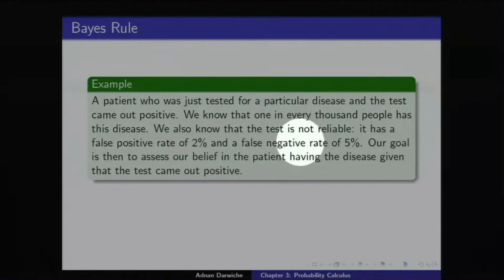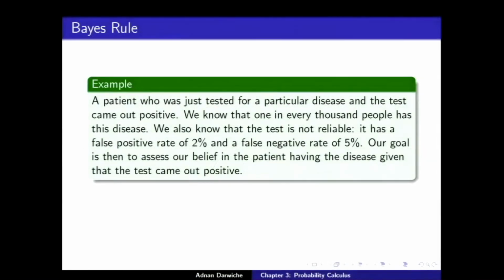It has a false negative rate of 5%, and our goal is then to assess our belief in the patient having the disease, given that the test came out positive. Okay, it's very simple. Test has a false positive rate, false negative rate. We know that 1 in 1,000 have that particular disease. The patient did the test, came out positive. What's the probability that they have the disease?